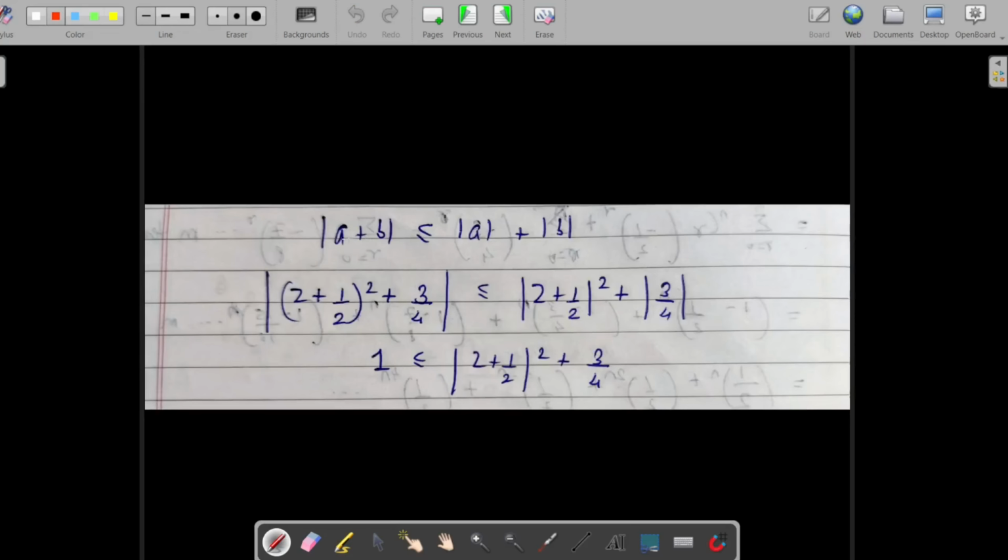So this a + b is basically (z + 1/2)² + 3/4, which is less than or equal to |(z + 1/2)²| + |3/4|. And this quantity is given as 1 because this is nothing but |z² + z + 1|, the whole mod, which is already given as 1 in the question.